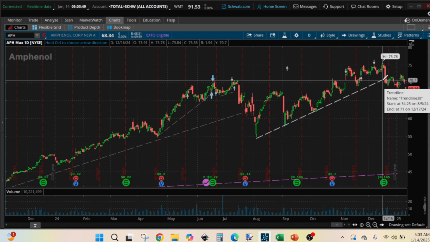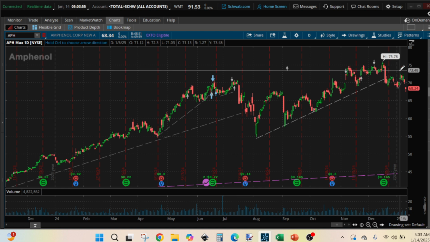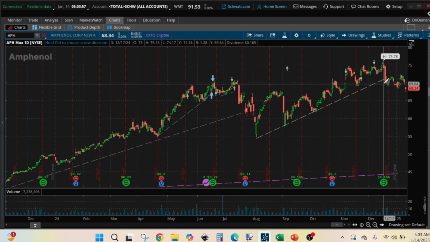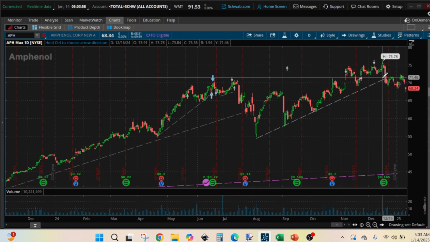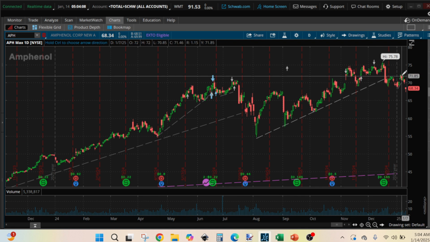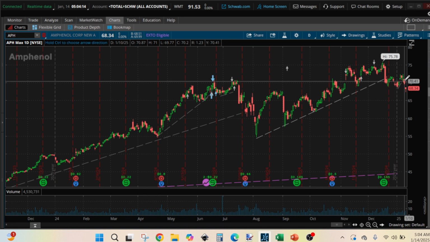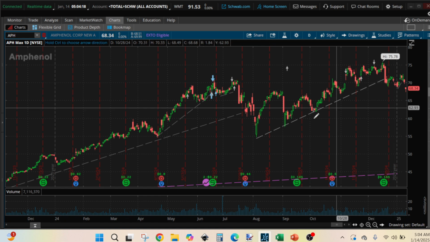Sometimes it can go lower and then go back to that trend line, but generally the way I like to do it is when it's below, I know that that trend line ended, so I will start waiting for two lows to see if the recent one is higher than the previous one, so that I can trace a new trend line. That's how I did it in 2024, and just traded along the short trend lines.